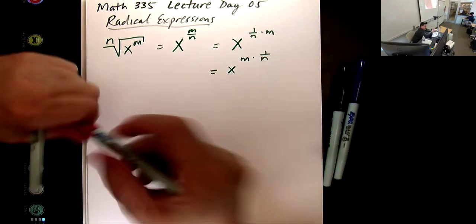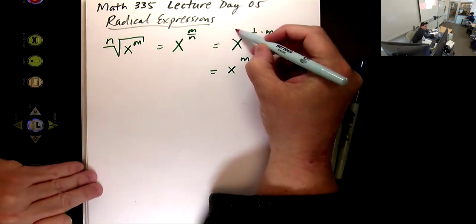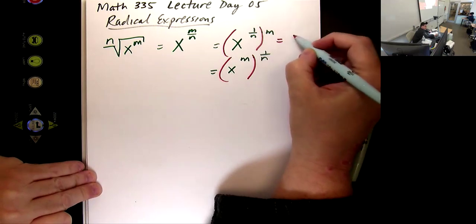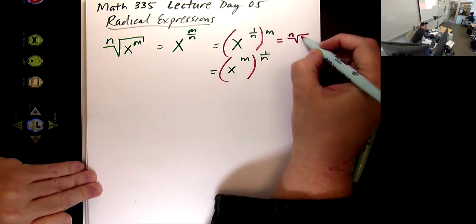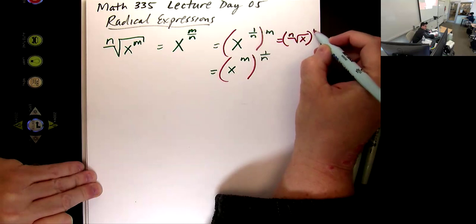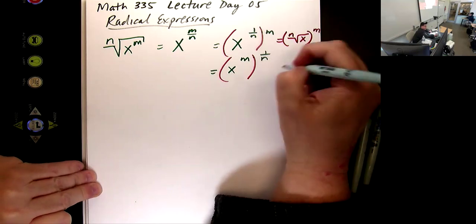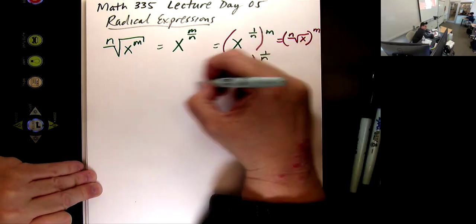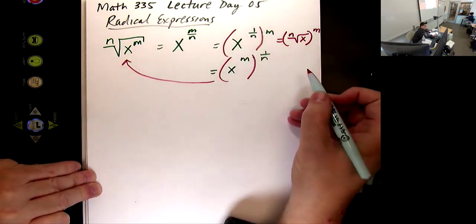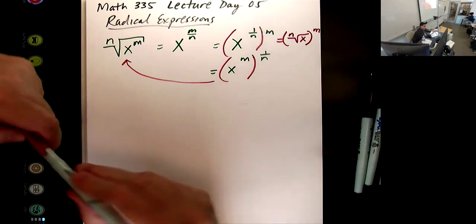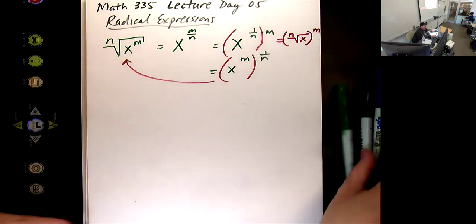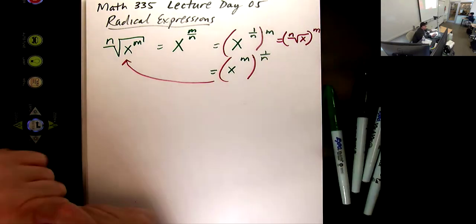And if we make that multiplication, we can put these in parentheses. And this becomes the nth root of x to the mth power. And this actually takes us back to that. That's a quick reminder of how the radicals switch to fractional exponents.